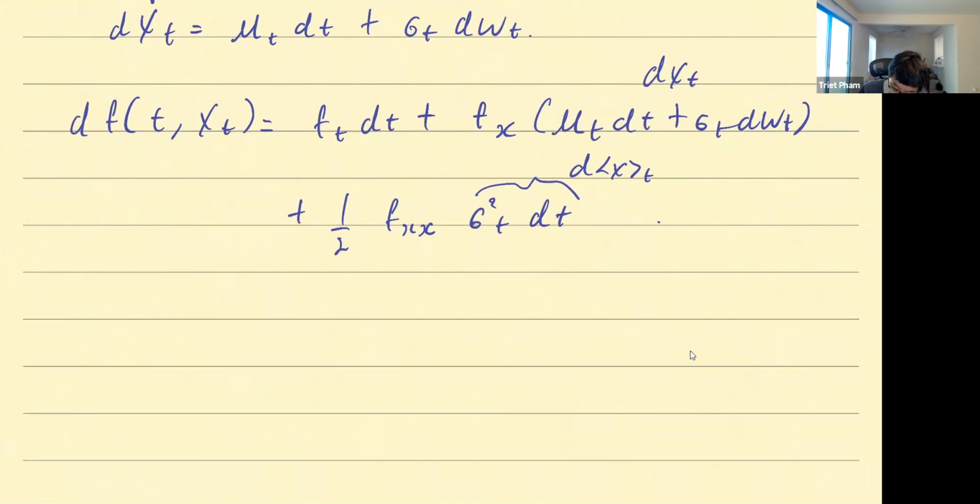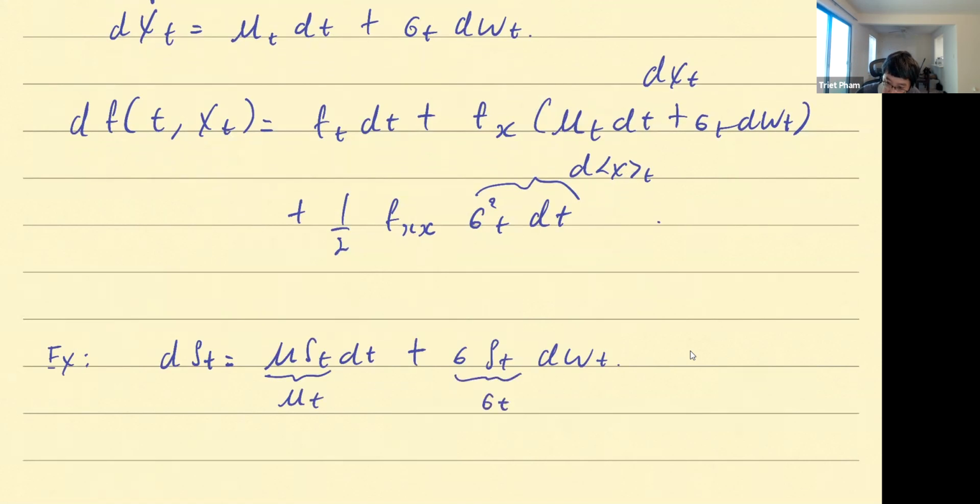All right. So for example, and exactly the application we're interested in, we start out with the Black-Scholes model. So in other words, this is our mu t, and this is our sigma t.